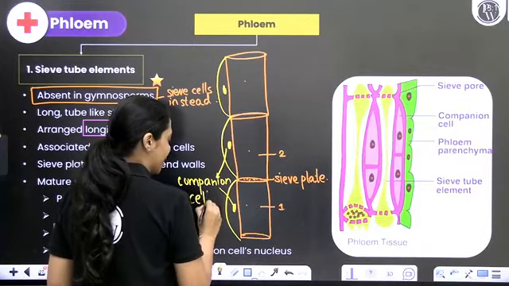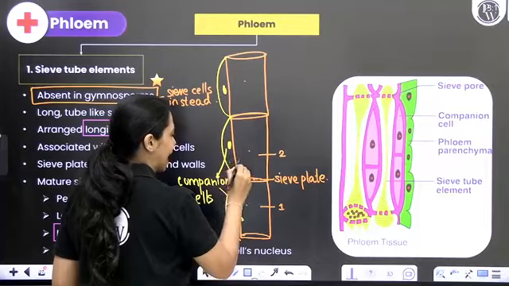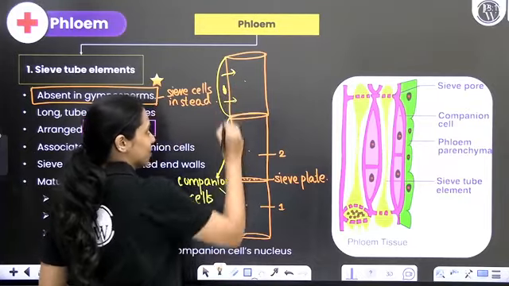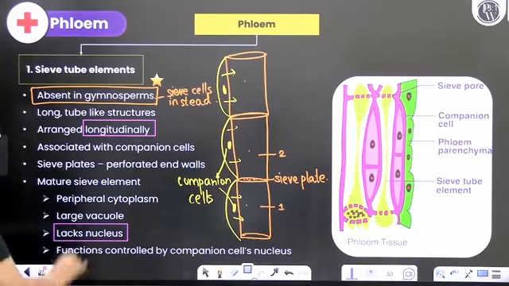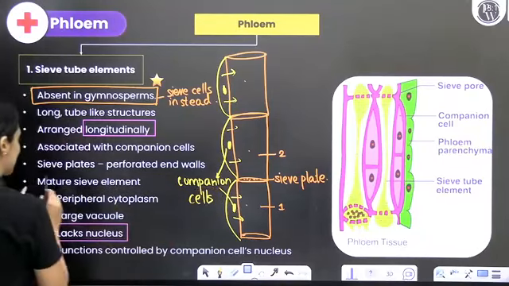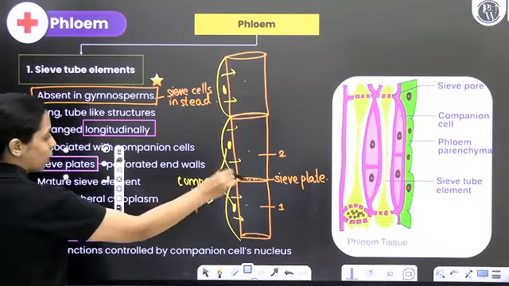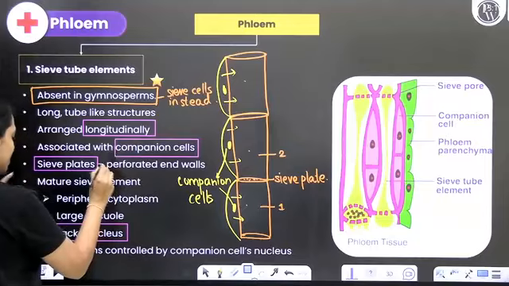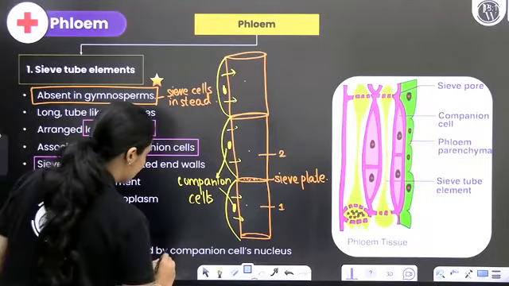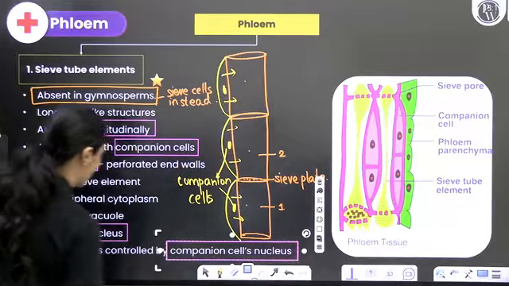So these companion cells will control the activity of the sieve tube elements. Okay, so I already told you about sieve plates. They are end walls with pores or perforations. These are associated with companion cells. Its functions are controlled by the companion cell's nucleus.